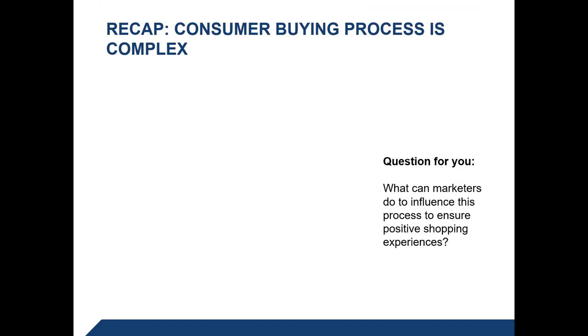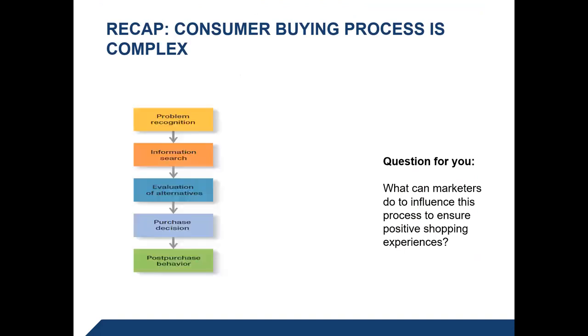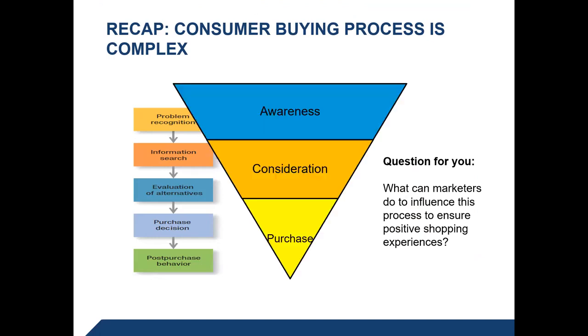Okay, then let's come to this recap slide. Initially, when we started the lecture, I had shown you these two figures. One was about the different stages that consumers go through in their buying process and how those stages can be mapped to the purchase funnel. The majority of consumers in the blue stage of the purchase funnel are in the awareness stage, looking at problem recognition.